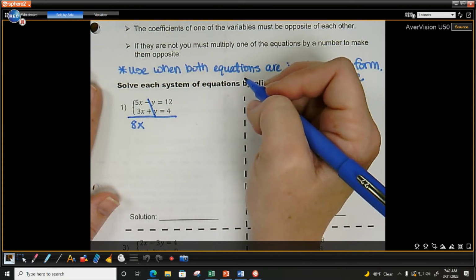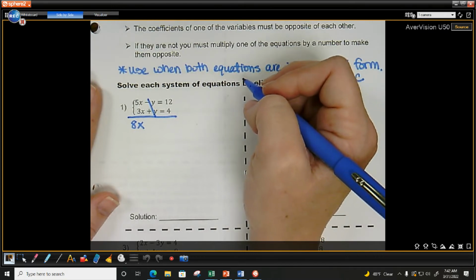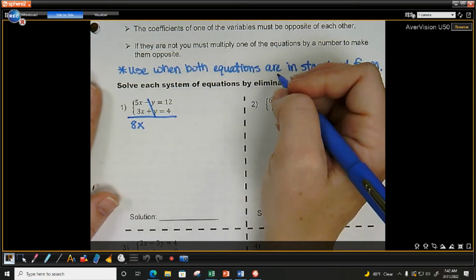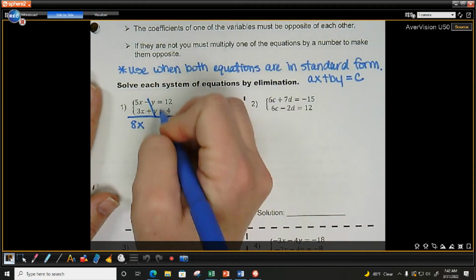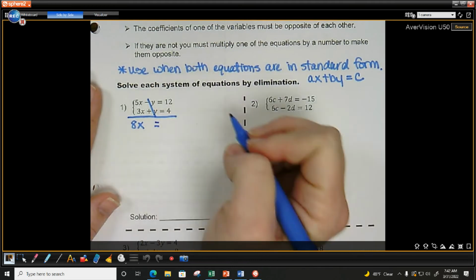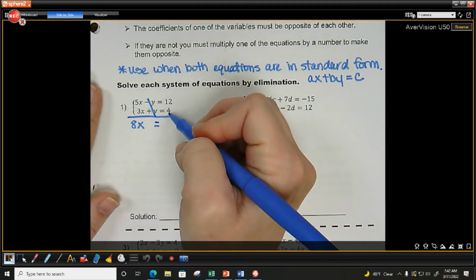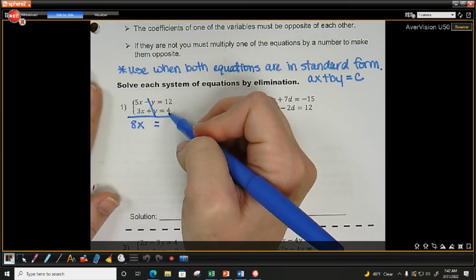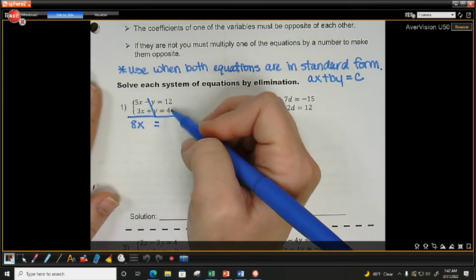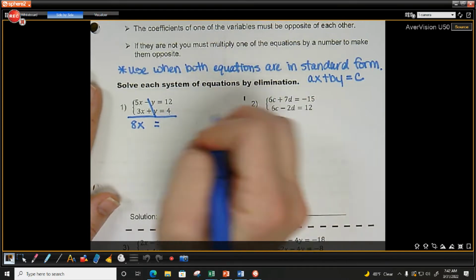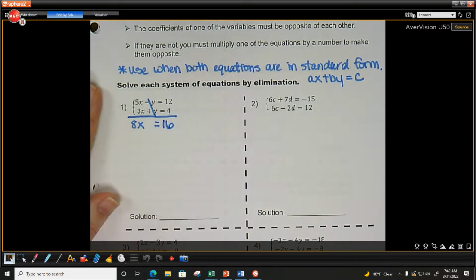One of the variables will always be eliminated. Okay, that's why it's called elimination. One of your variables will always be eliminated. Drop down your equal sign, and then 12 plus 4. The reason I'm adding the 4 is because 4 is positive. If 4 was negative, I would do 12 minus 4. But since it's positive, 12 plus 4 is 16.